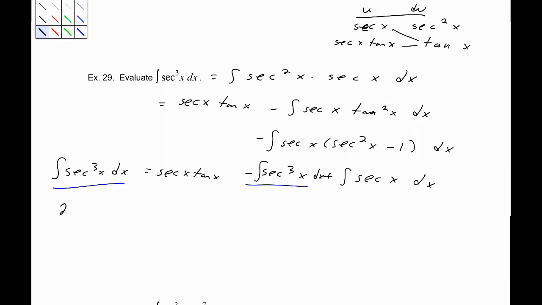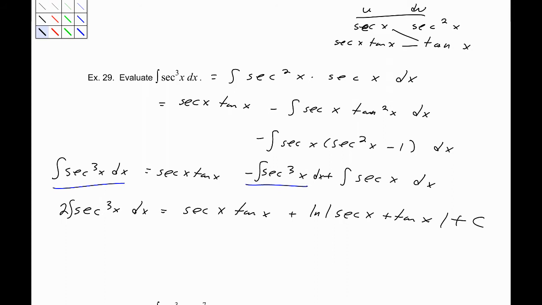So this is going to be 2 times the integral of secant cubed x dx is secant x tangent x, plus the integral of secant, which is natural log of secant x plus tangent x, plus c.